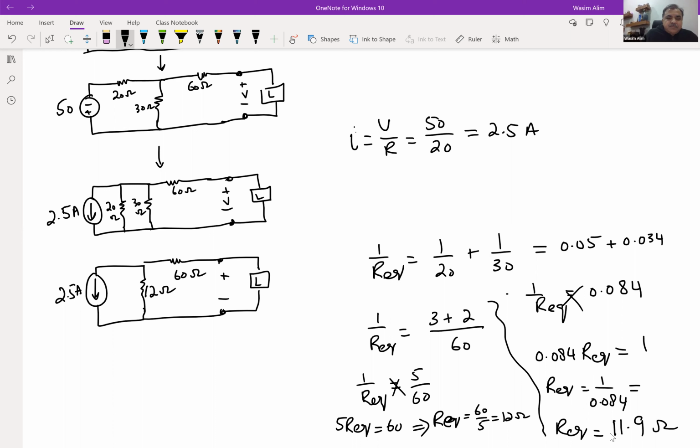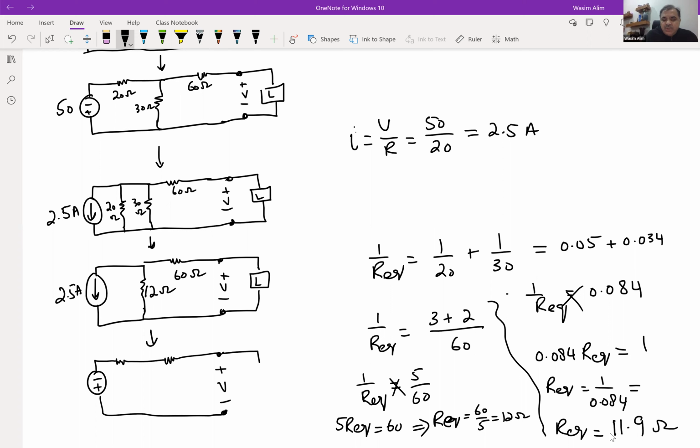Now the next step in this process is to convert this back to a voltage source using the source transformation. Remember, the goal is to find the easiest or most comfortable way.